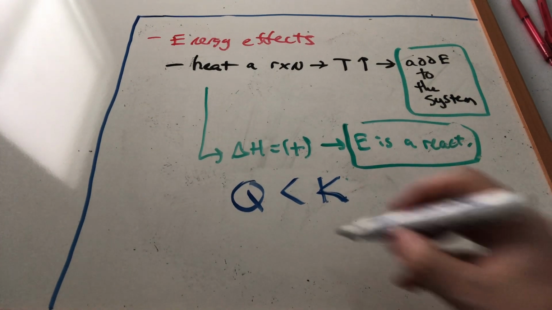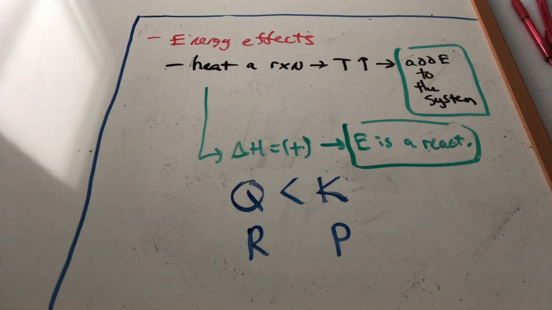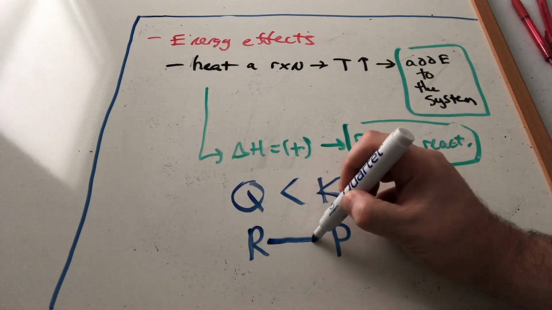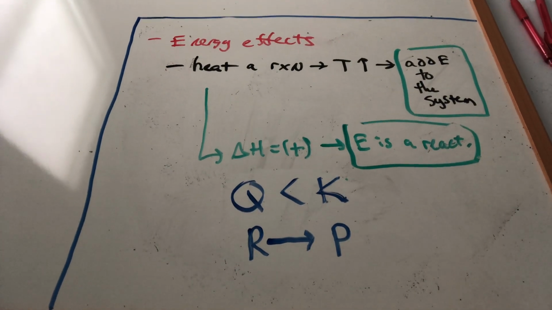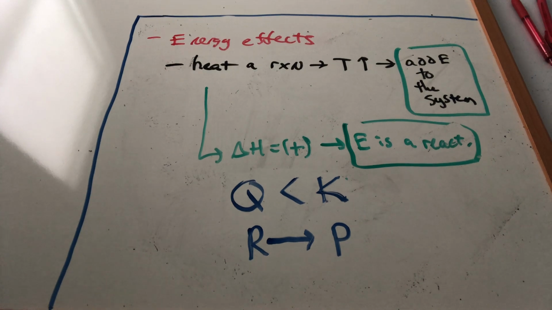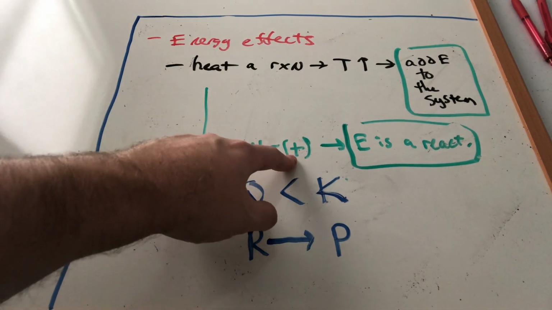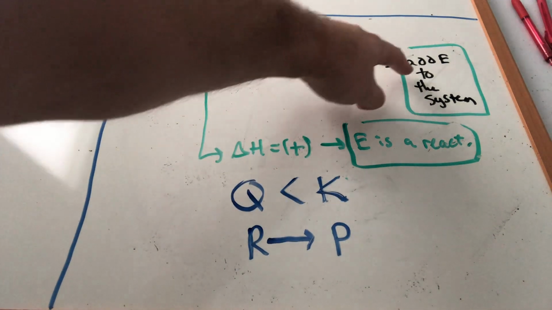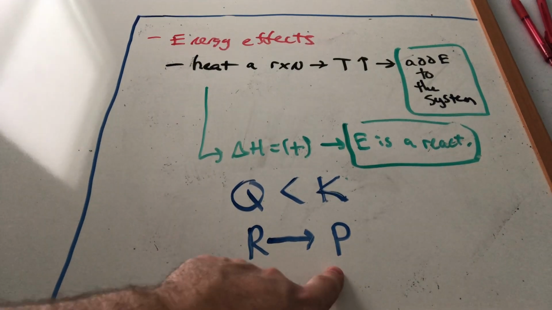So what happens to the equilibrium in terms of a shift? Well, when Q is less than K, we know that the equilibrium shifts to make more products. So if I have a situation where it's endothermic, it requires energy. So guess what? If I give it more energy, it's going to make more product.